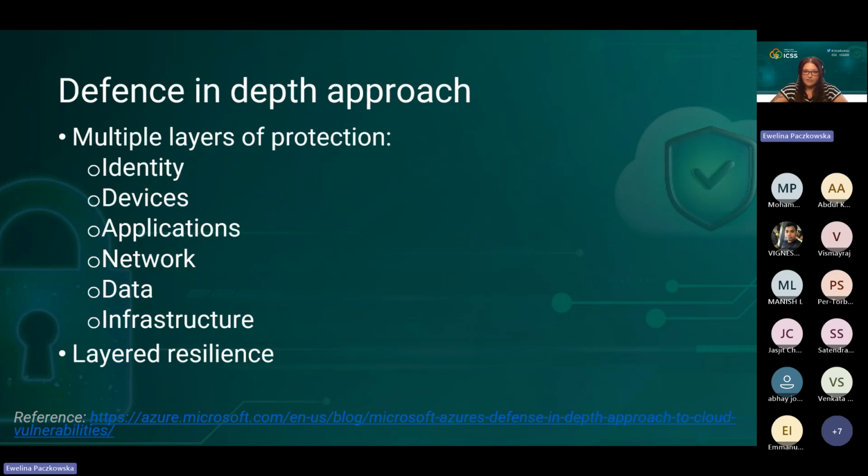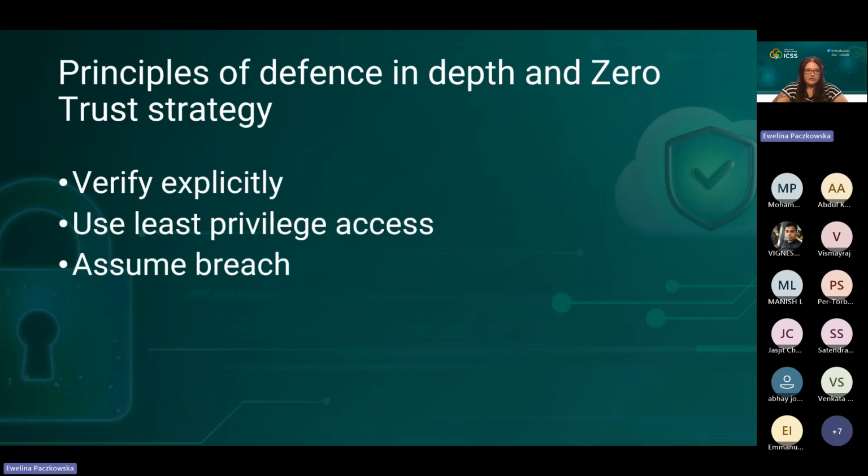When it comes to cybersecurity, you need to think about defense in depth, focusing on identity, your devices, your applications, network, data, infrastructure. It's all about building that layered resilience. So how do those two concepts come together? Well, it's all about verifying explicitly, using the principle of least privilege, and assuming breach.